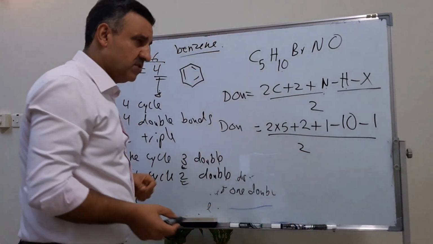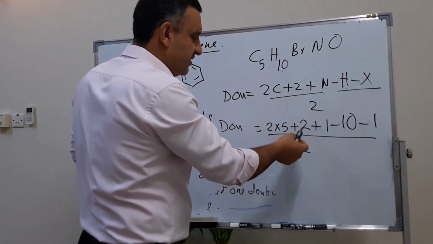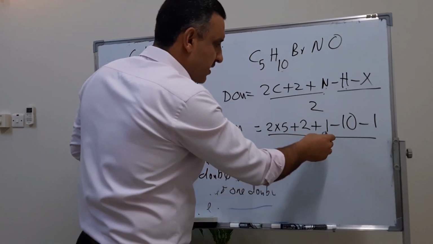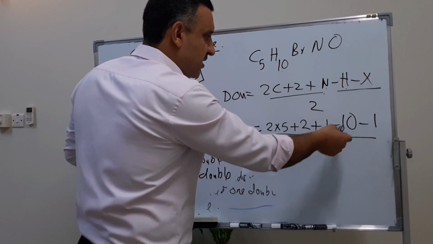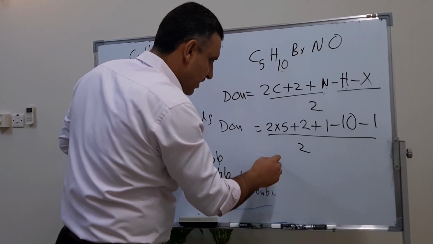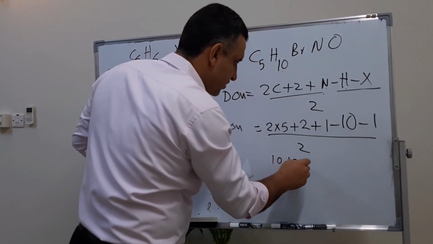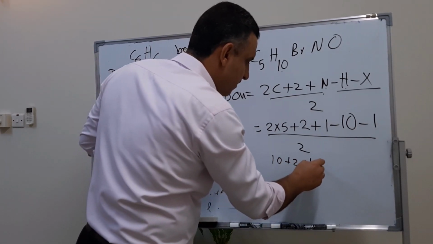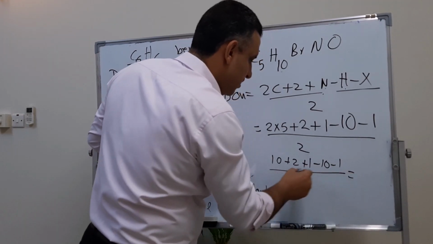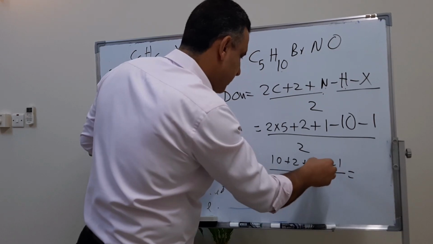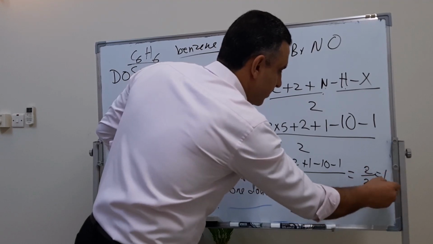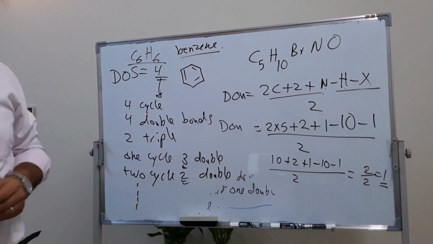Then you just do the calculation. 2 times 5 is 10, plus 2 is 12, plus 1, 13, minus 10, 3, minus 1, 2, over 2 equals 1. So the degree of unsaturation of this formula is equal to 1.